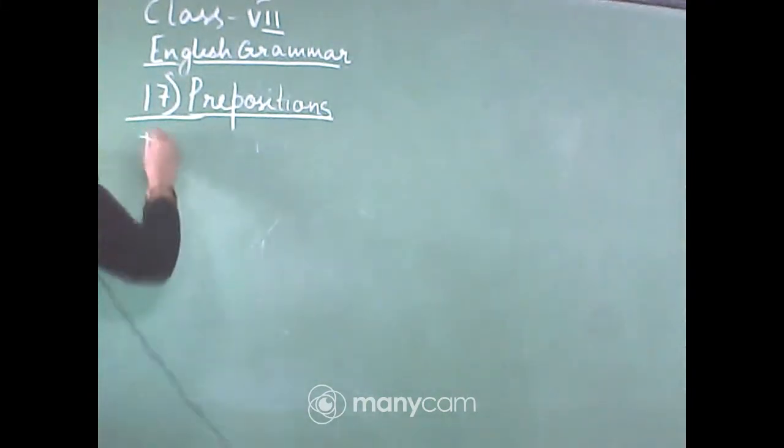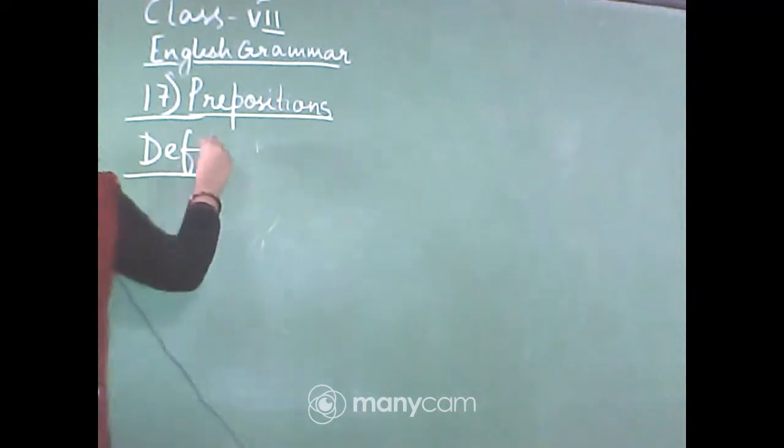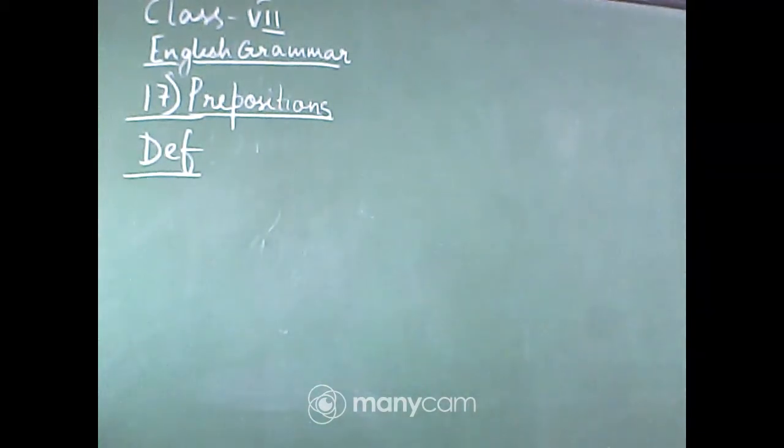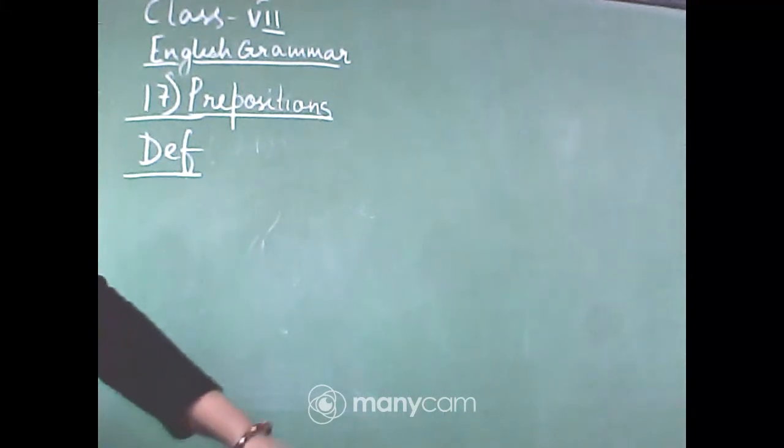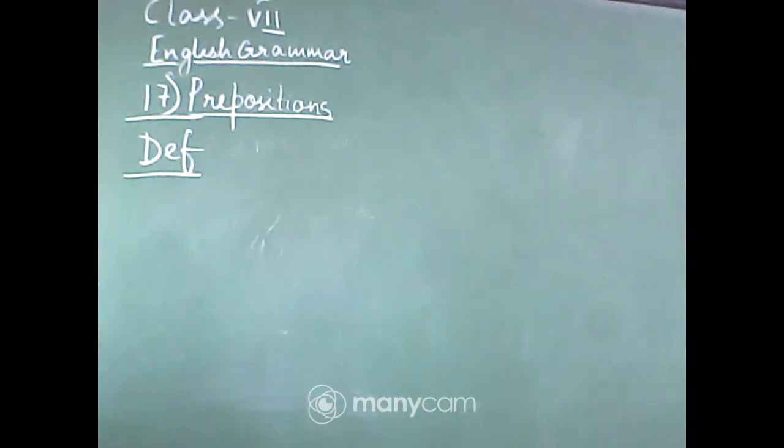Okay, first of all, let's start with the definition of preposition. What is the definition of preposition? A preposition is a word which is placed before a noun or a pronoun to show its relation with something else in the sentence.